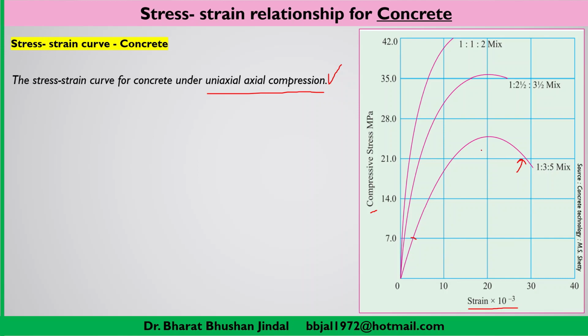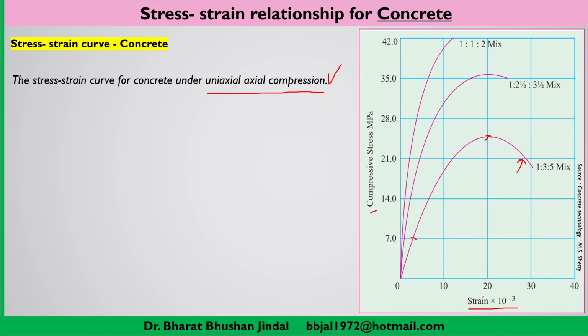After that there is a non-linear relation, and at a particular level of stress, corresponding to the strain, you will see there is a maximum compressive stress. In this curve you can see here is the maximum compressive stress, and that maximum compressive stress corresponds to a particular value of the strain.